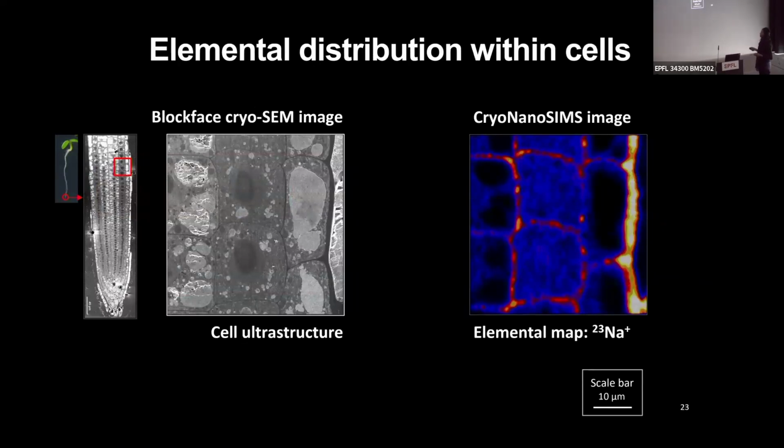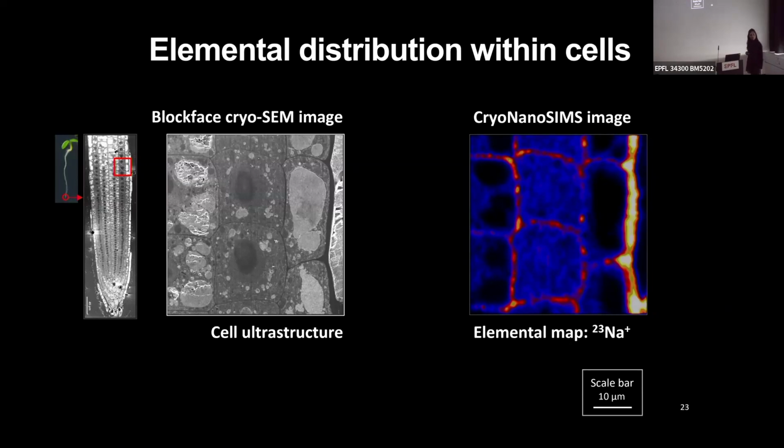And so here I give you one of the first images that we got. On the left, you have a block phase SEM image where you can start to appreciate the cell ultrastructure. So you have the nucleus, you have the vacuole, and all the different subcellular structures. On the right here, I present to you a cryo-NanoSIMS image which is being mapped with the cryo-NanoSIMS. And here I show sodium distribution within the cells, for example.